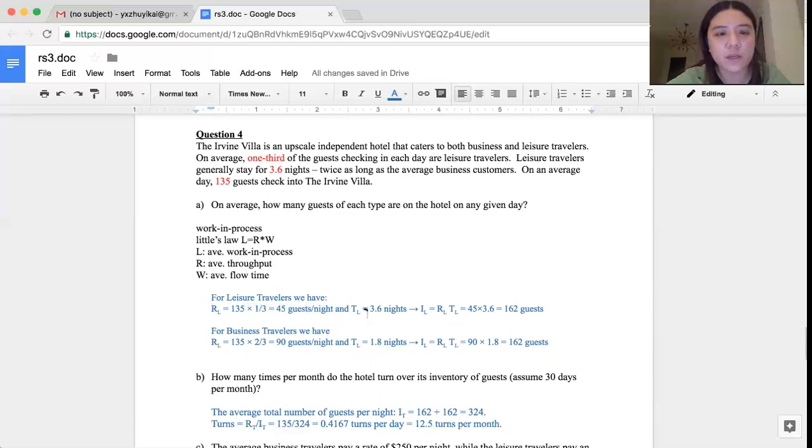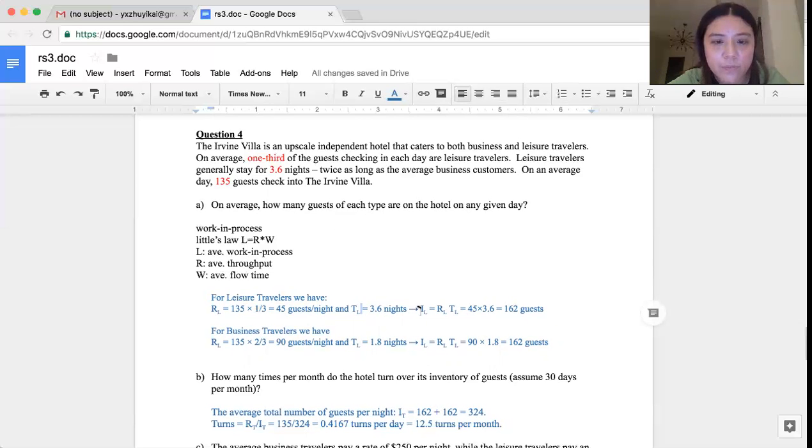And we know the flow time, denoted by T with the subscript L for leisure travelers, which is 3.6 nights. It's listed here.